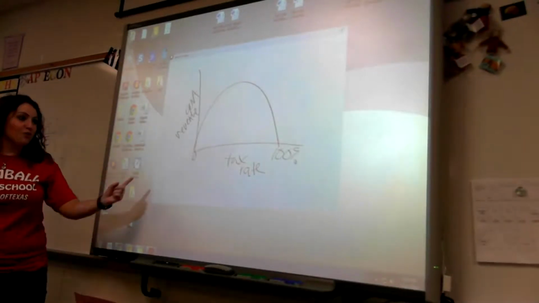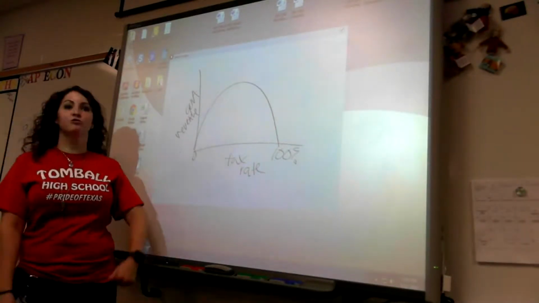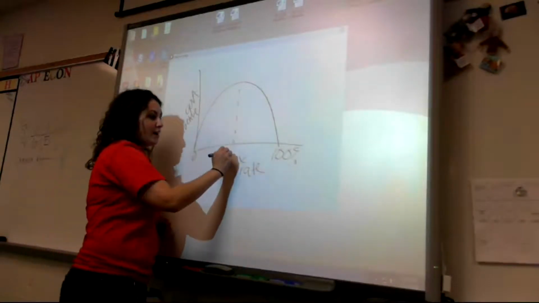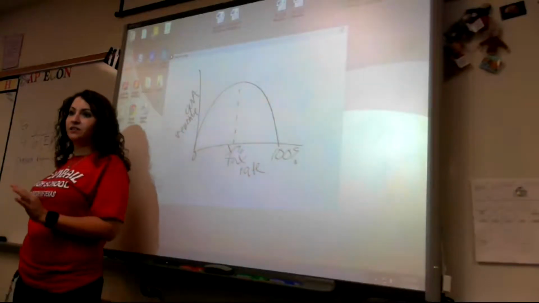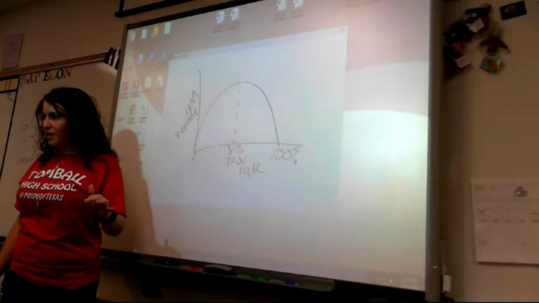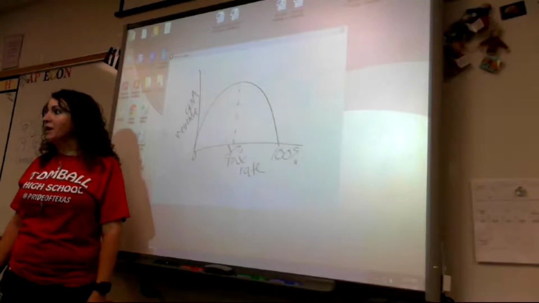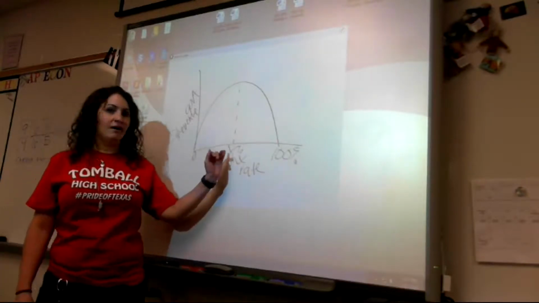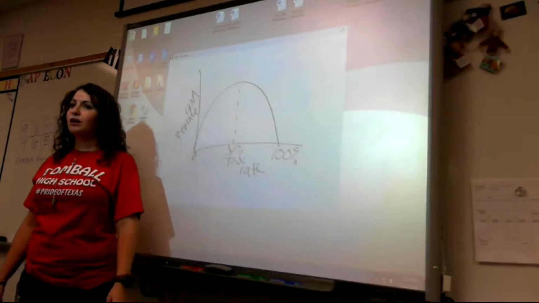You know that there is some number between 0 and 100. Don't let the slope of that curve fool you. It's not 50. Don't care. It's some X percent that if you charge higher income tax on people, the government will make more money, but up to a point. After that point, you're actually earning less.